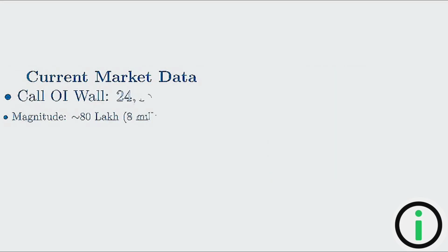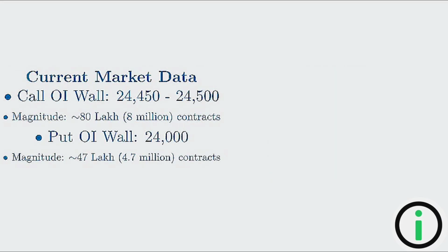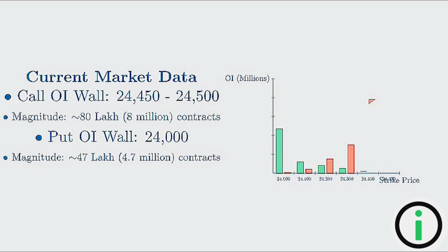Now, let's look at the specific data points we have for today's market to see these walls in action. This is where the theory meets the reality of the numbers. Look at the magnitude here. We have roughly 80 lakh contracts sitting at the 24,500 strike. In the world of trading, lakh refers to 100,000, so we are talking about 8 million contracts concentrated in a very narrow 50-point range.